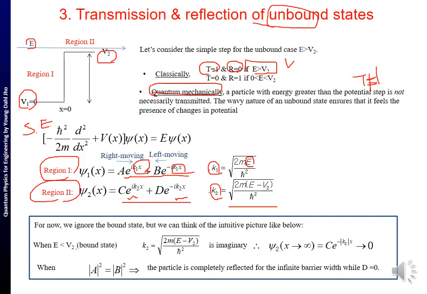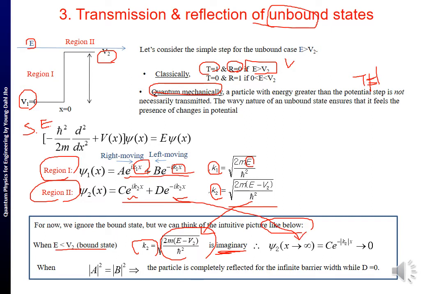For now, we ignore the bound state, but we can think of an intuitive picture like below for the bound state, like this. Energy is smaller than V2. Then k2 is like that, but it is imaginary now. So this equation will be changed like this.